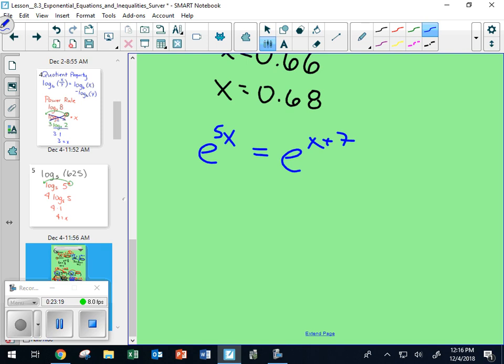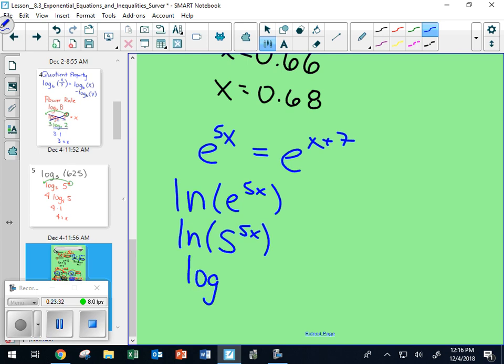This problem will only work if you're using the natural log. And it actually makes it a lot easier to use the natural log. But the problem that we were doing before, where it has 5 to the 5x, if you use the natural log, or if you use the logarithm of some base, it doesn't care.